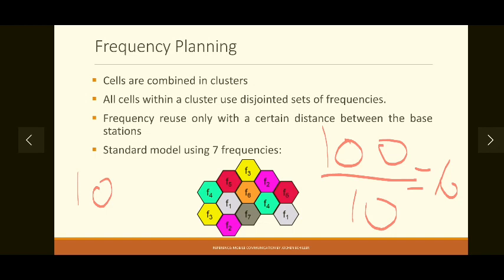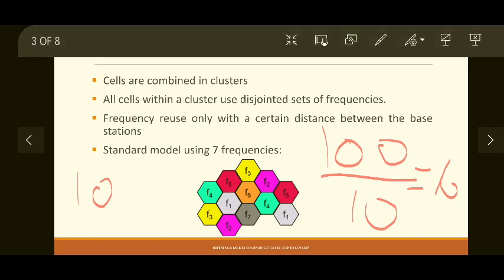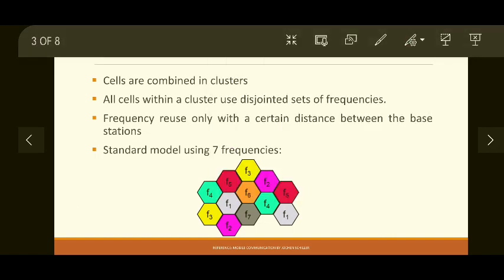Disjoint means it will have a unique set of frequencies for communication. As you can see in this diagram on your screen, there are F1, F2, F3, F4, F5, F6 and F7. So there are 7 cells which are using different sets of frequencies, F1 to F7.